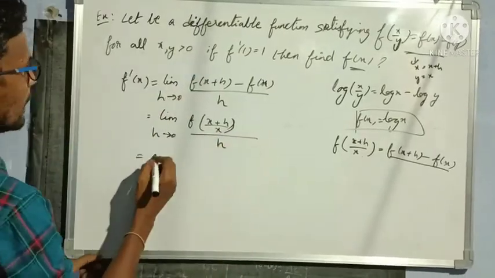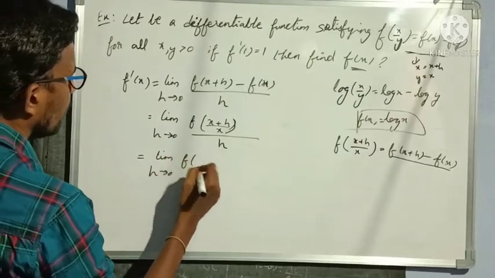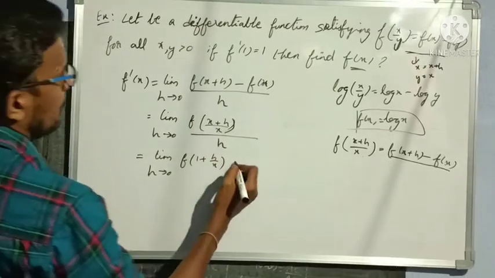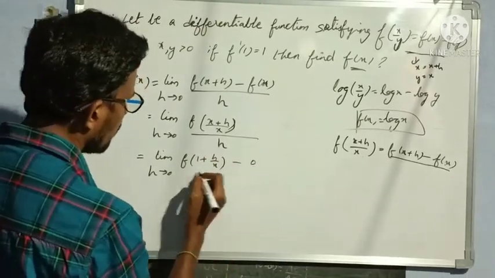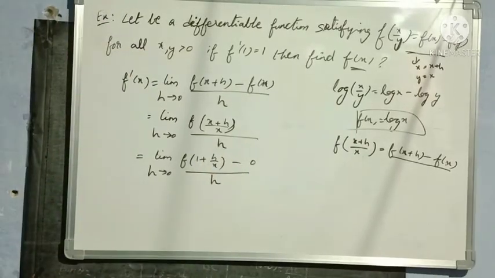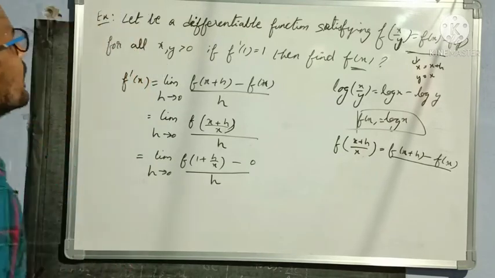So this I am writing as limit h tends to 0, f of 1 plus h by x, okay, minus 0 by h, okay. So in the place of 0 I should get that f of 1.